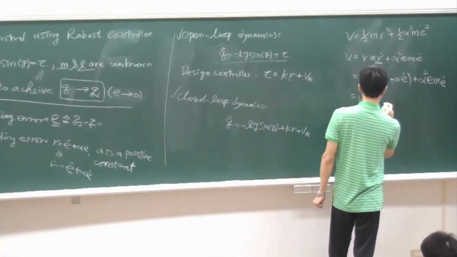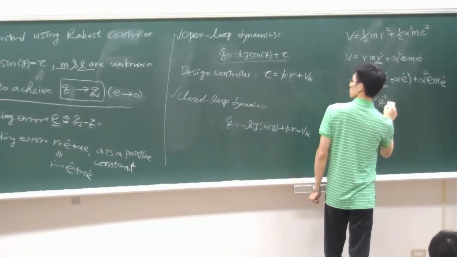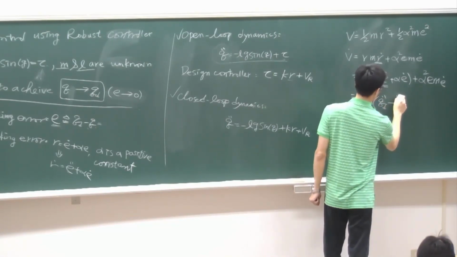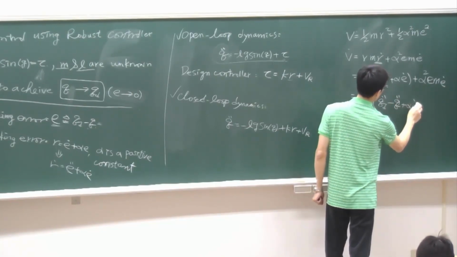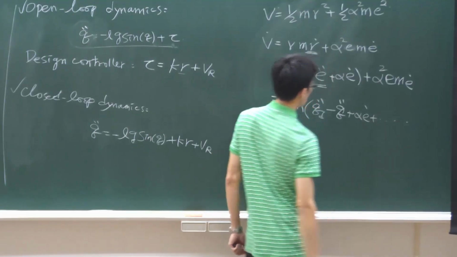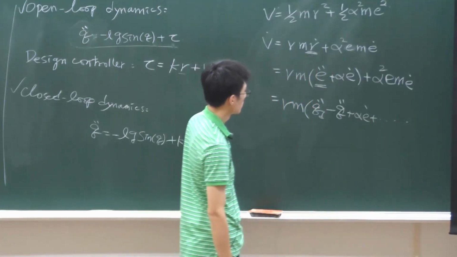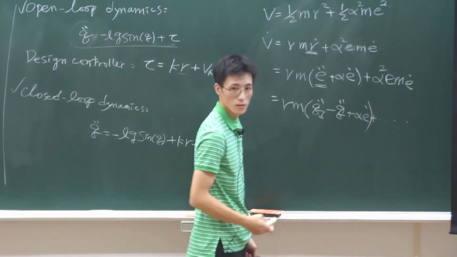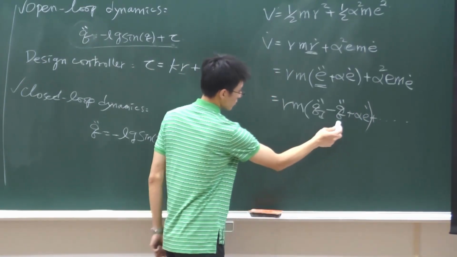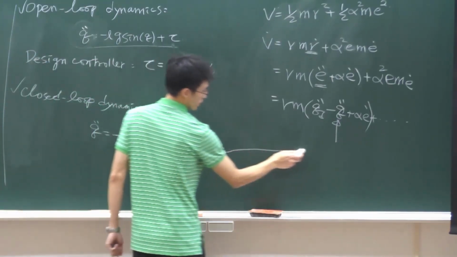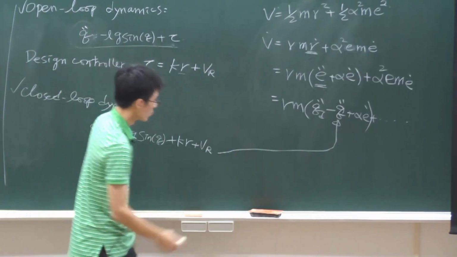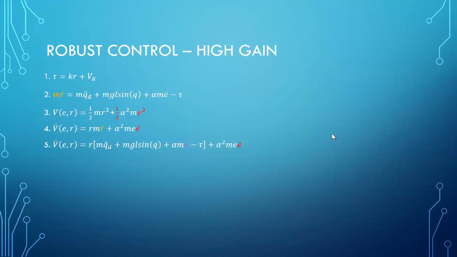That gives you Q D double dot minus Q double dot, plus alpha E dot. Now you can substitute this closed loop dynamics here, and you will get this. See?